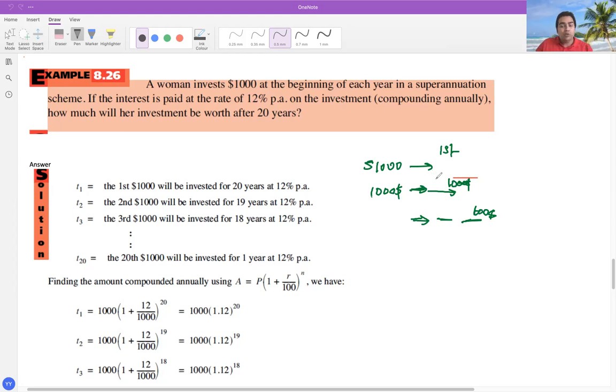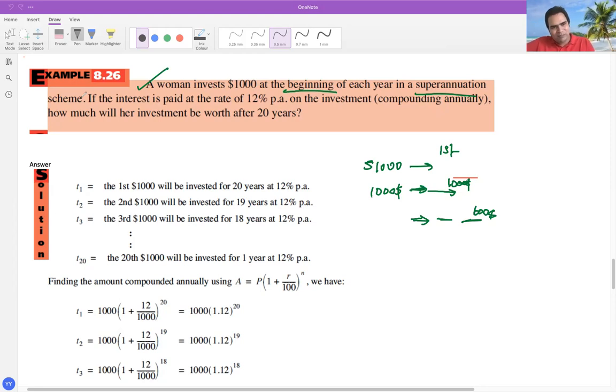And so the money that I deposited 20 years ago, I would just like to read the question: a woman invests $1,000 at the beginning of each year under superannuation. As I explained, superannuation is where you deposit at the beginning of each year, without any removal or any further addition of sub funds.